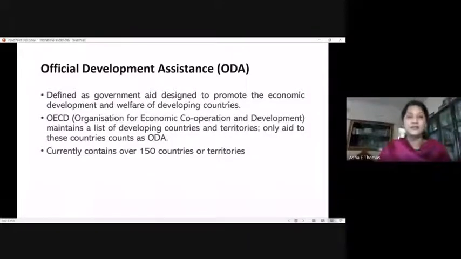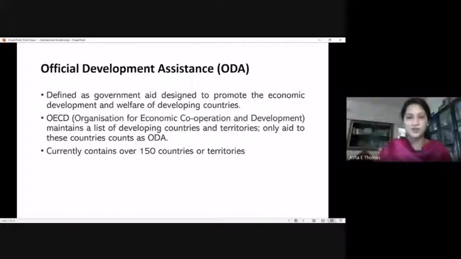We are one among them. India is in the list of developing countries where well-developed nations which have surplus funds can extend their funds towards development under the category of ODA. We have also received a lot of funds from different nations like the US and UK, for various purposes.